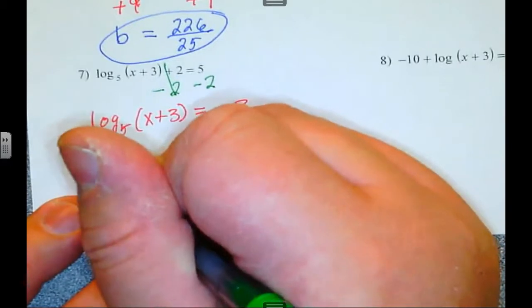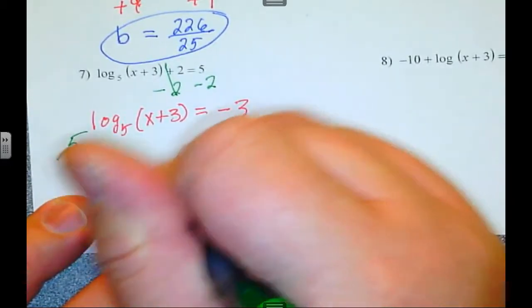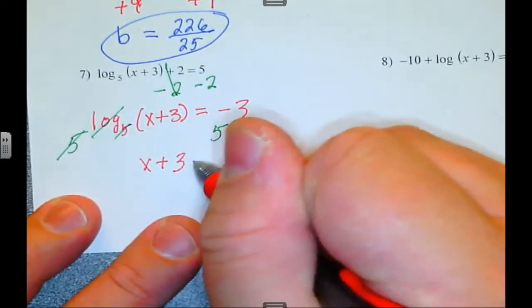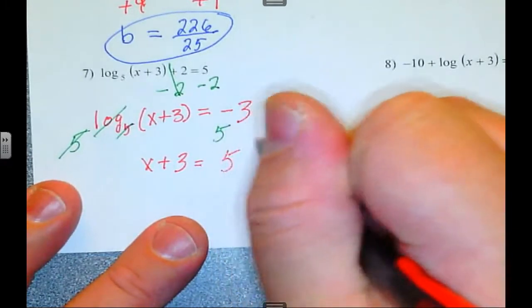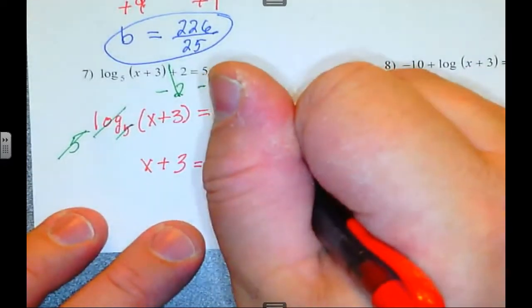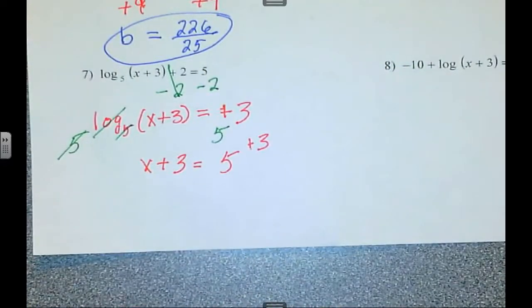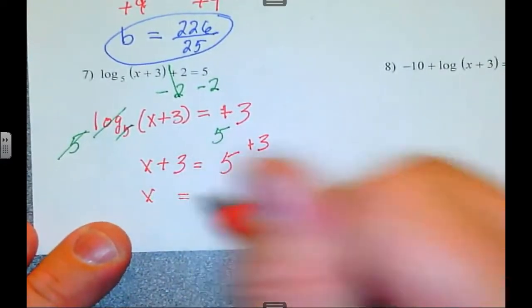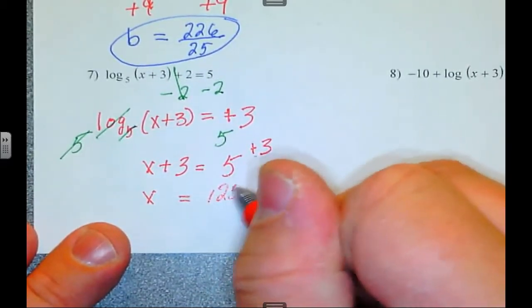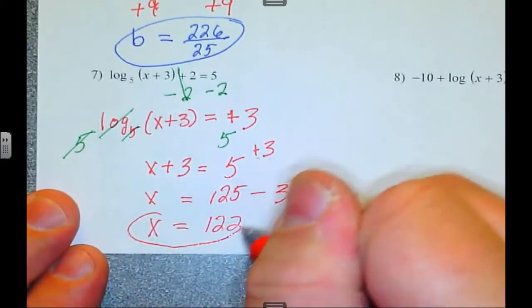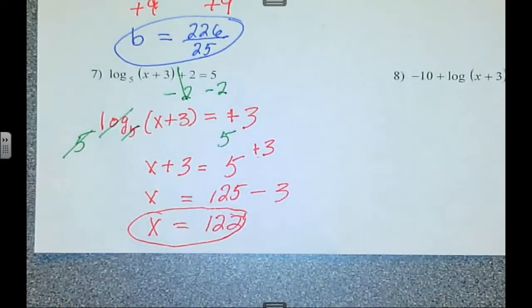Exponentiate. 5, 5. So I get x plus 3 equals 5 to the negative 3. Should be a positive. That makes more sense. Subtract 3. So x equals 125 minus 3. So x equals 122.